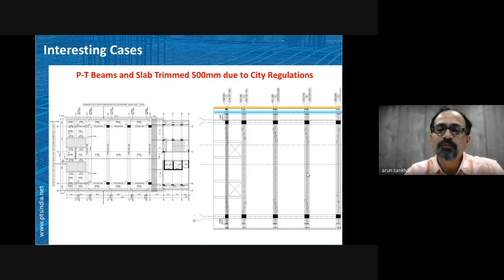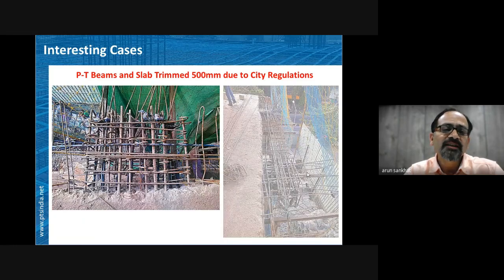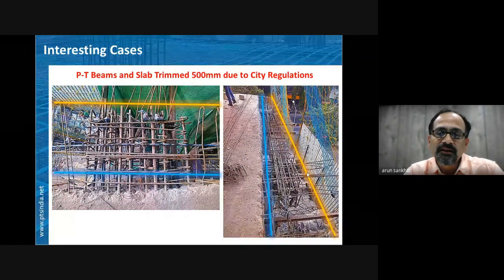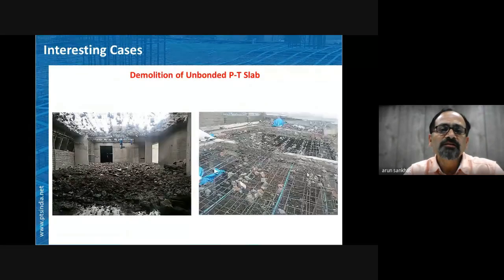So they again approached us, and as you know, this system has more importance on the anchorages, and these are the anchor zones, so we need to be more cautious on that. And we did that job also. This was the existing boundary, and it has been brought up to this boundary by trimming the ends of the beam.